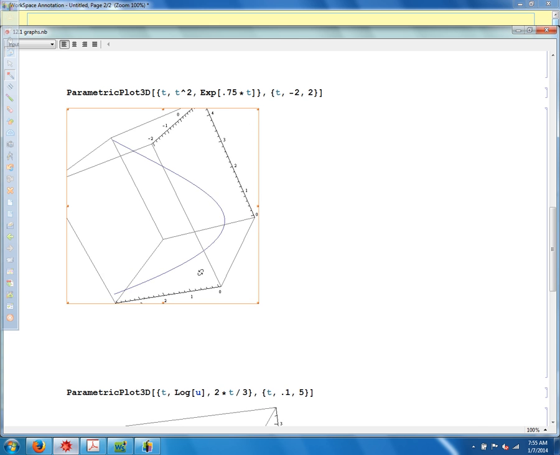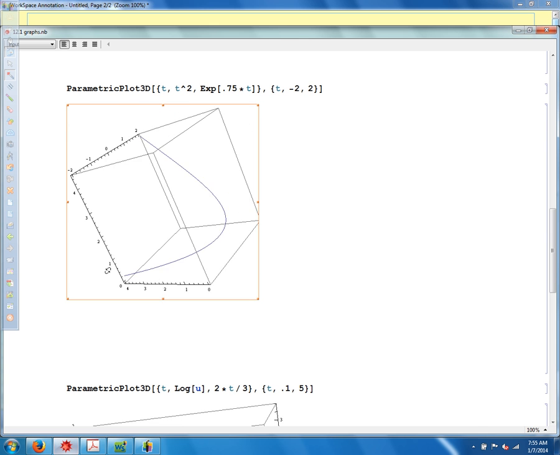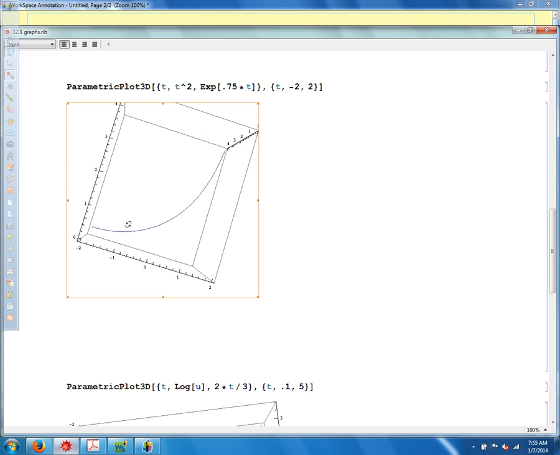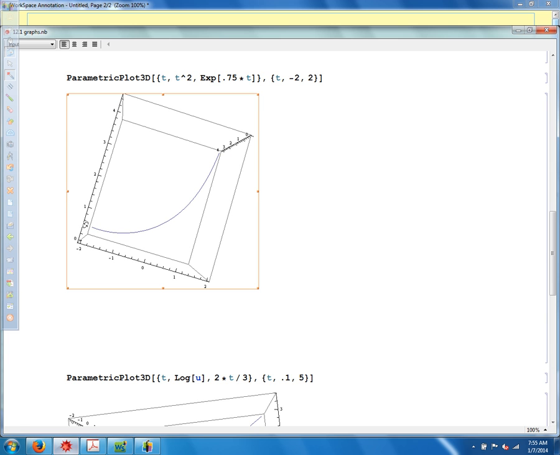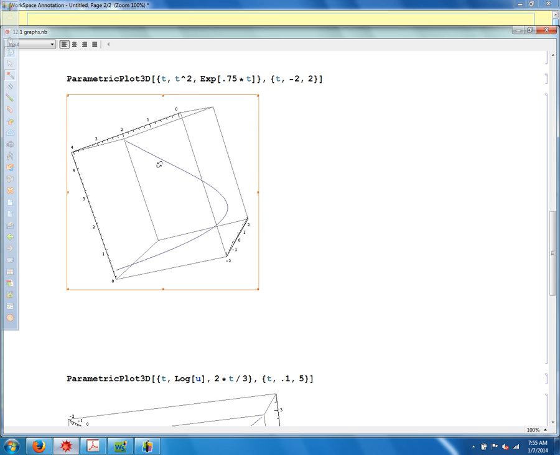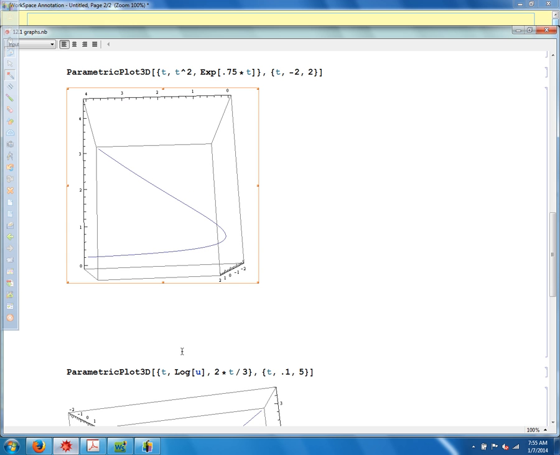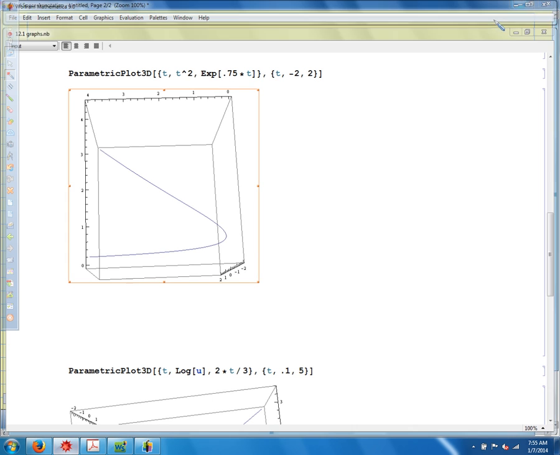Trying to rotate it around so we can see that exponential thing. There we go. And there's our exponential curve in the xz plane. And then in the yz plane we have another interesting thing happening. All right, so that one was D.